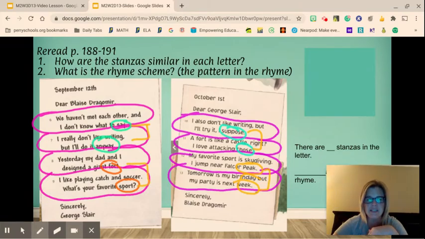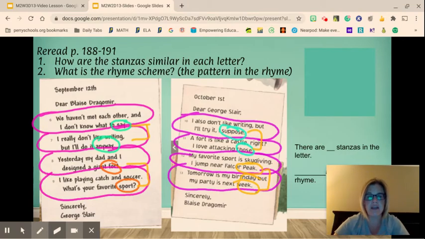So when I stop and I think about it, at the end of stanzas, say rhymes with anyway. So at the end of stanza 1, say rhymes with anyway, that is at the end of stanza 2. Just like in my other poem, at the end of stanza 1, I have suppose, and it rhymes with those at the end of stanza 2.